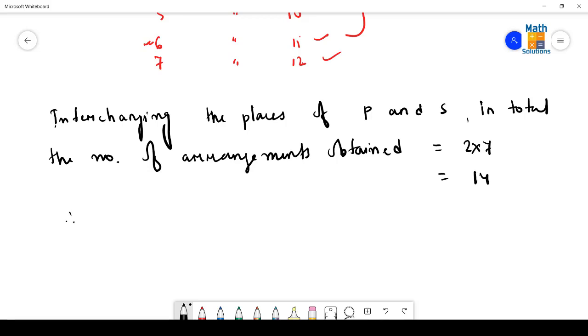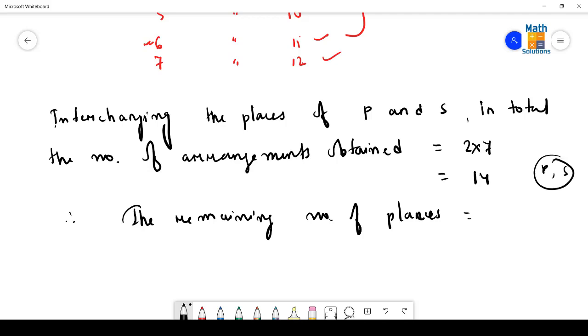Remaining number of places. Why did I write so? Because it is very clear that the positions for P and S are already fixed.